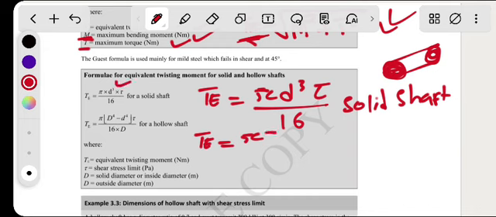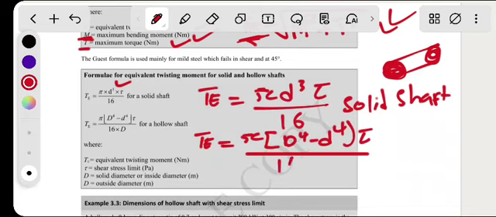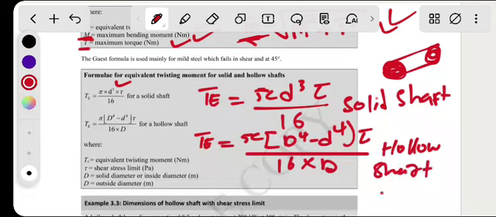Now it will be d raised to the power of 4, not 3, minus d raised to the power of 4, multiplied by shear stress, divided by 16, multiplied by d. This is for a hollow shaft, guys.